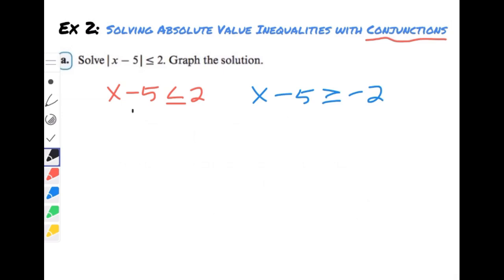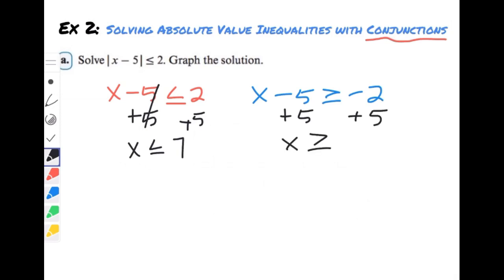So the next step in solving, I'm just going to have to add 5 on both sides for this first one. So I'm going to get x is less than or equal to 7. Then I'll add 5 on this other one. So I'll get x is greater than or equal to positive 3. So I could write these two things together and they would read like this.